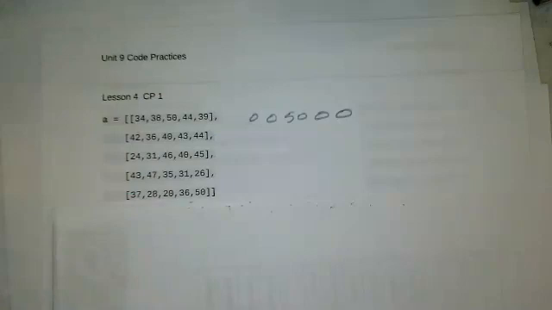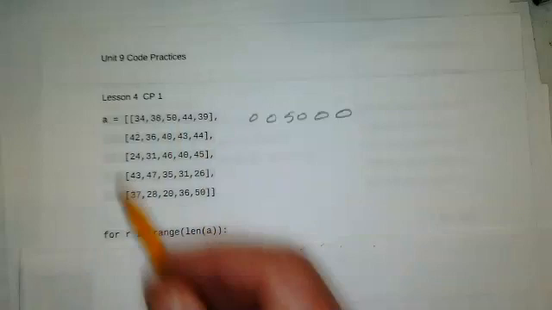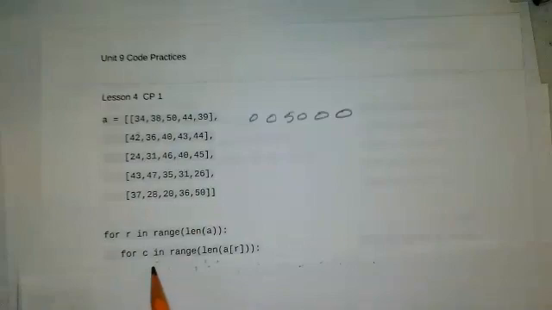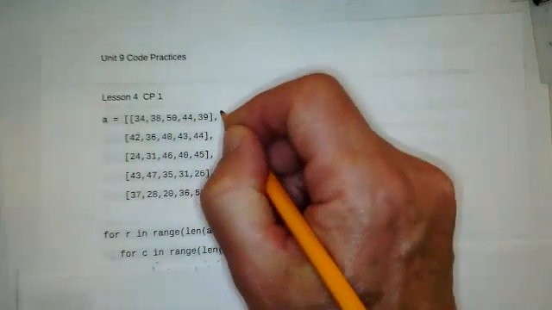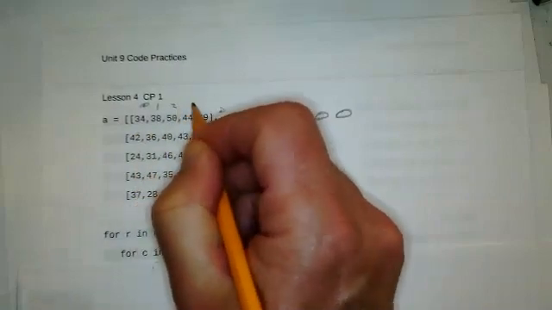Anybody got a question? Okay, so we're going to do this by using indices. The first thing we're going to do is write a for statement: for R in range length A. For this, we take each row, and then from that row, for the column of that row, for C in range length R. So this is row 0, 1, 2, 3, and 4, and this is column 0, 1, 2, 3, and 4.